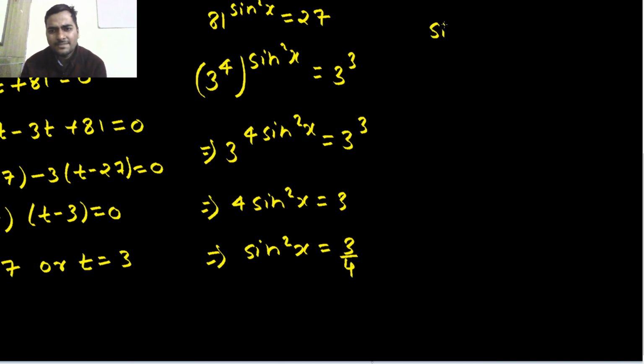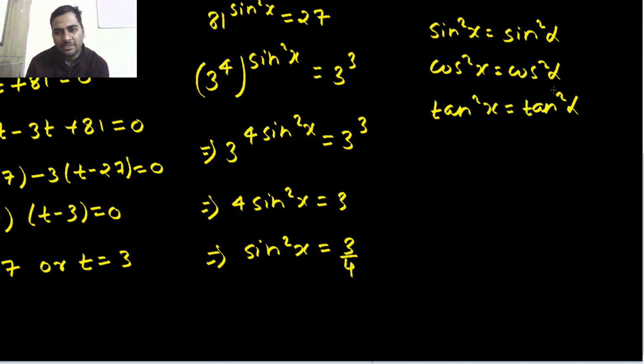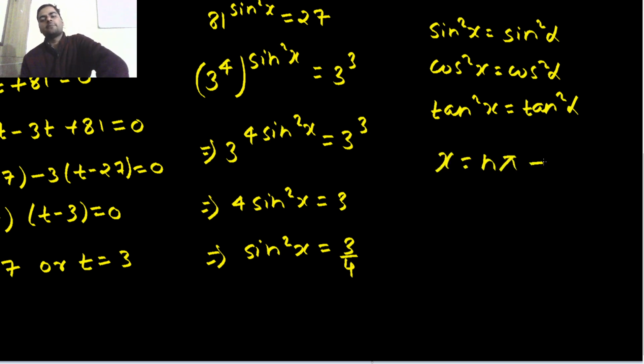Whenever you have sin²x equals sin²alpha, or cos²x or tan²x, because they are interconvertible, you can convert one into another, the answer is x equals n pi plus minus alpha. As simple as this, and n should be from the set of integers.